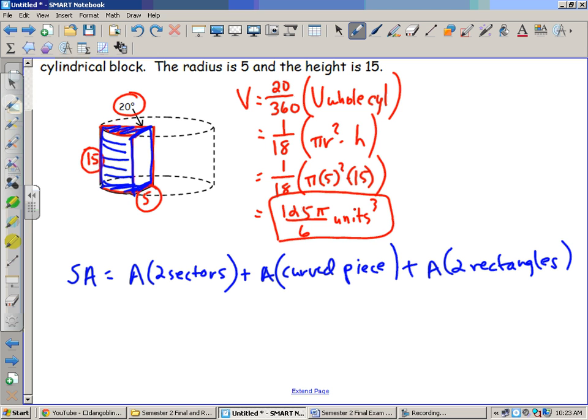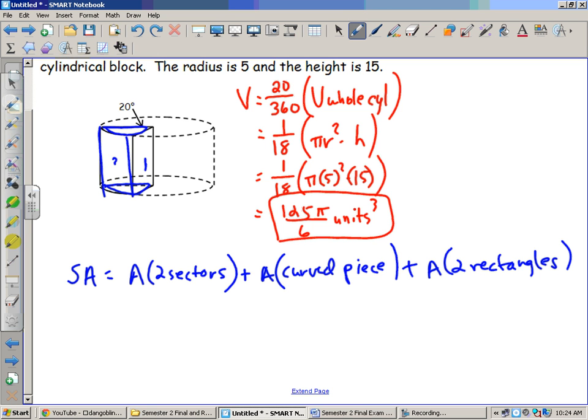Well, those are like the sides. If you can imagine this wedge, there's one here, and there's actually one on the back side, if you could picture that. So I kind of just colored that whole thing in, but to clarify this, you got the 2 sectors, the curved side, and then you got this rectangle, and then you got the back rectangle. So you got 2 rectangles there.